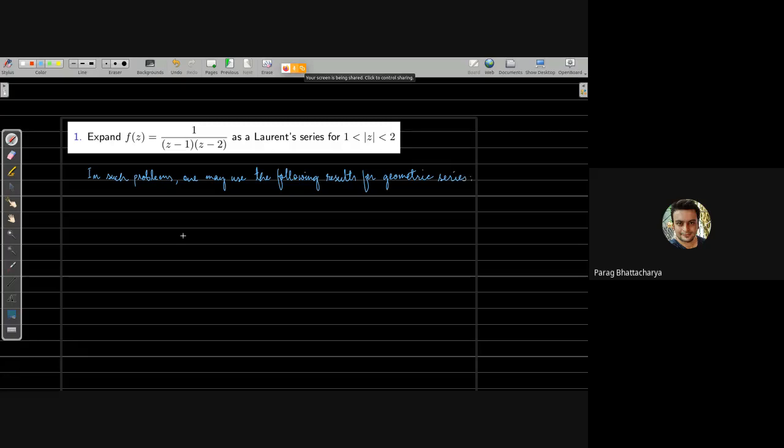There are two results that we need to keep in mind. The first result is 1 divided by 1 minus q.